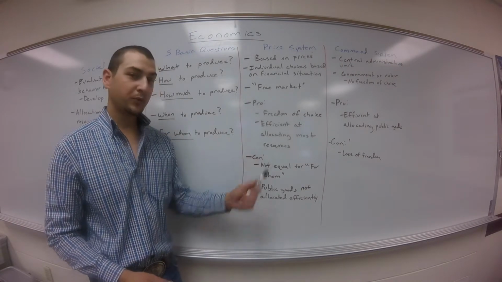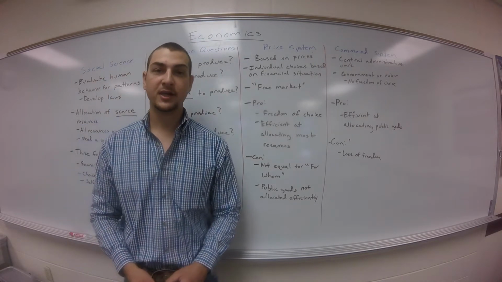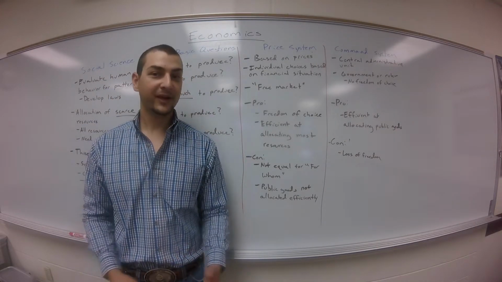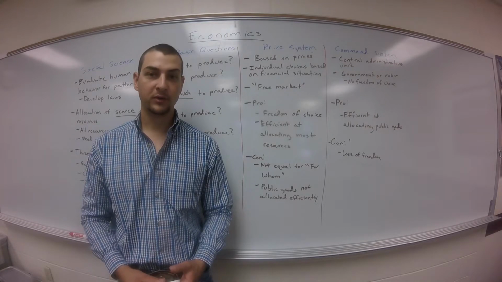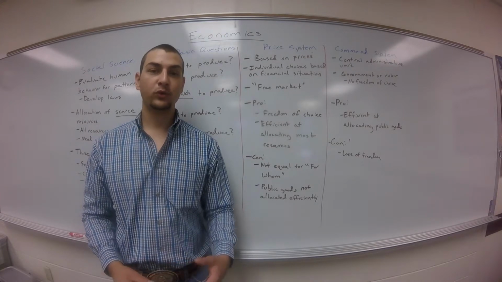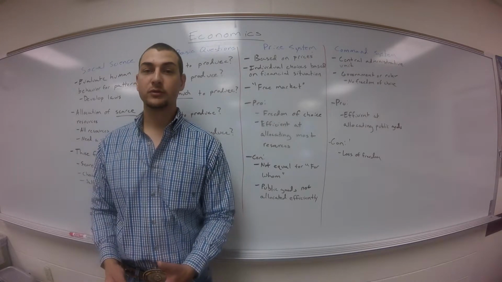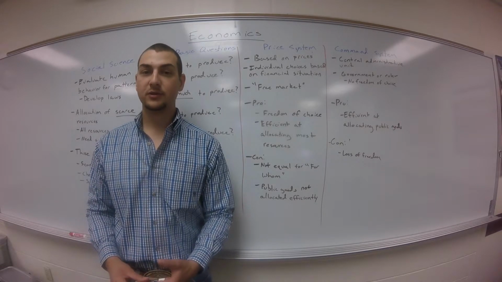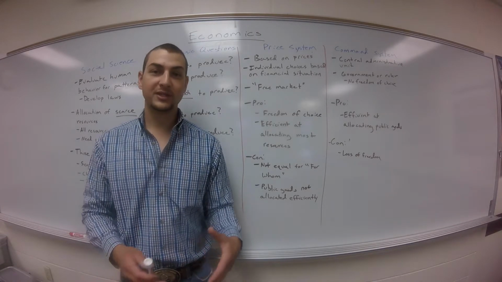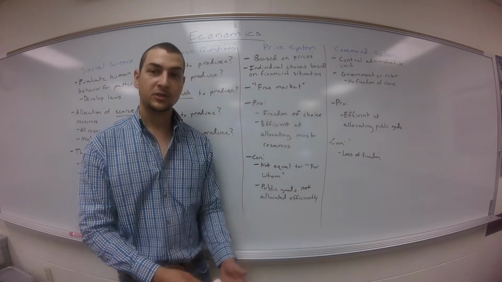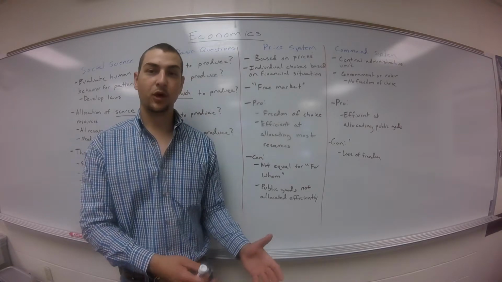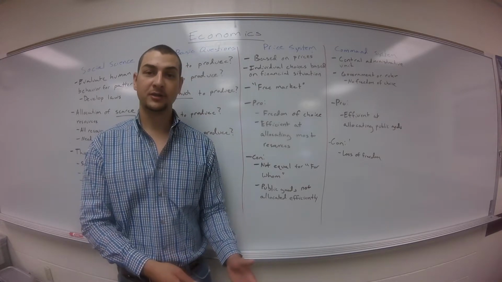So if we were in a pure price system here in the United States, for you to get any kind of military protection, you would have to pay for it. Yes, we do pay for it through taxes, but you could only get as much as you could afford. Let's say a low-income family pays only $1,000 in taxes.